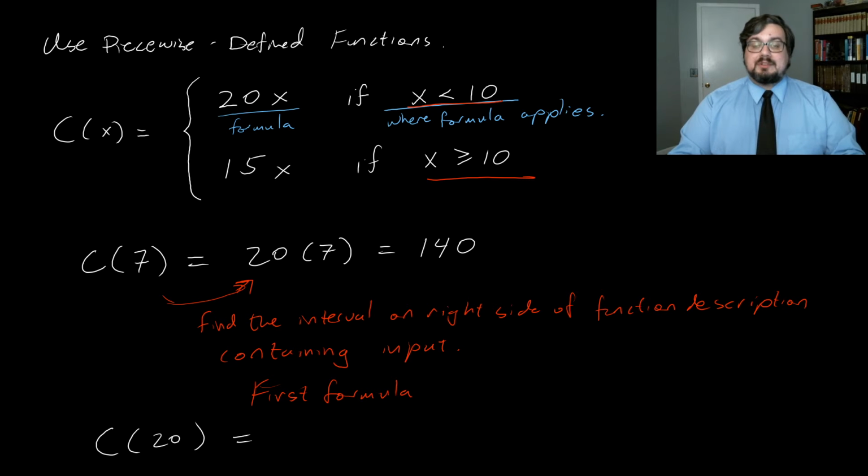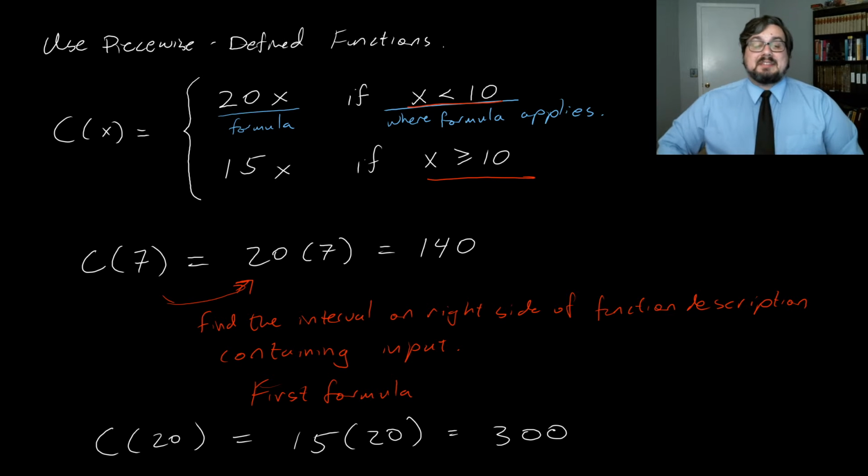Well, 20 is greater than or equal to 10, and therefore I'm going to use the second formula for this input. And so that tells us that C of 20 is equal to 15 times 20, which gives us 300.